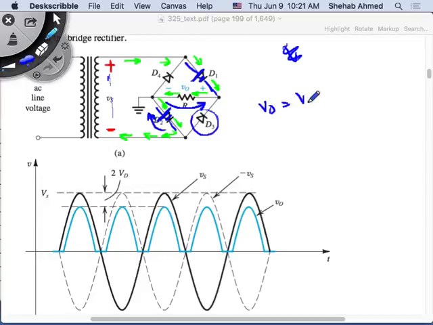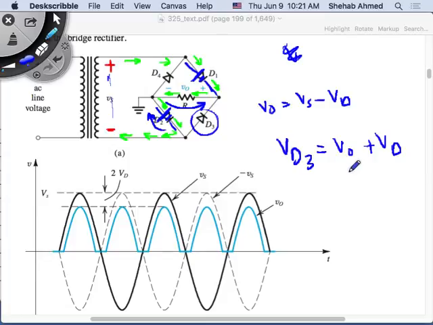That's V output. How about the voltage on diode 3? Because that's the one that's open now. It's equal to V output plus VD, because this is in the same direction as this one, right?